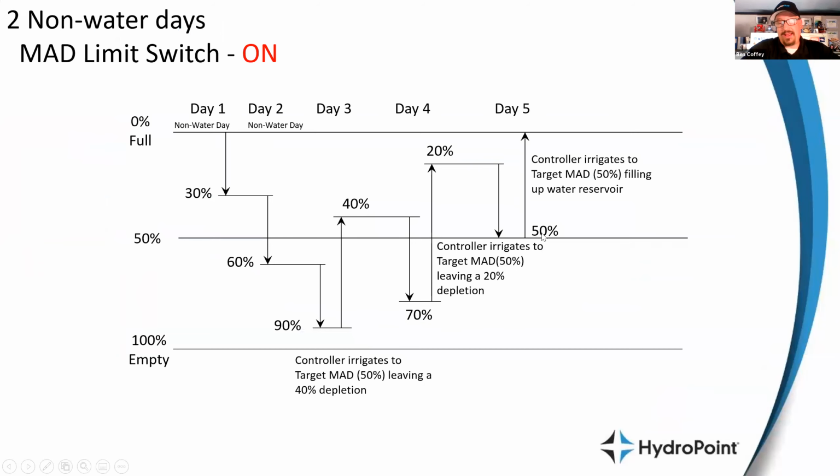If you change that target MAD from 50% to 40%, then when irrigation happens, it's not going to water back to 50%. It's going to take that station level target MAD and apply that as what it delivers that night. So that is a big piece of managing this way: understanding how to find the balance, how to make sure you're getting what you need without getting too much or too little.